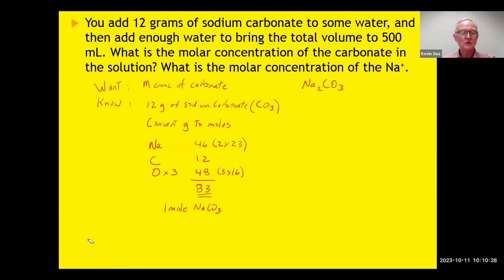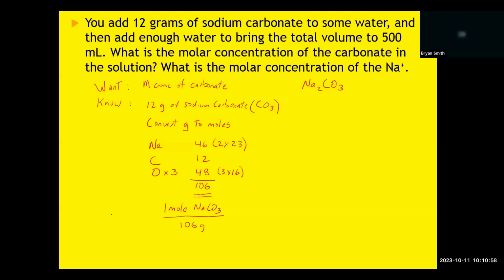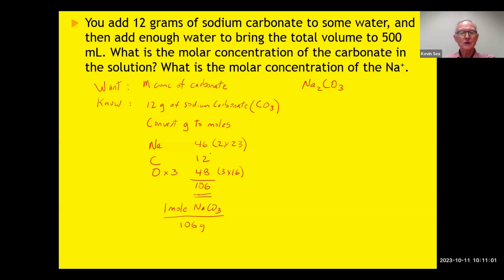That makes 106. My apologies for a lot of the hiccups. I'm doing this a little on the fly here. Thanks for bearing with me. Wait, where'd you get 106 from? Our 106 is 46 plus 12 plus 48, if I've added that right. So our conversion factor is for every mole of sodium carbonate, we've got 106 grams.